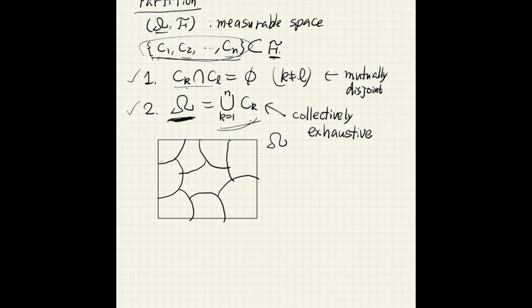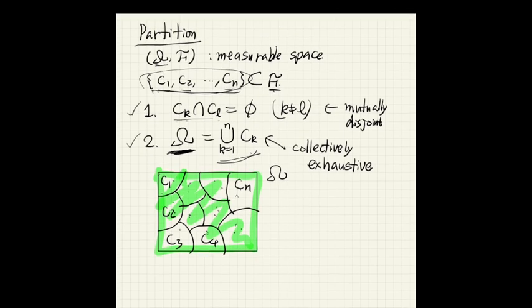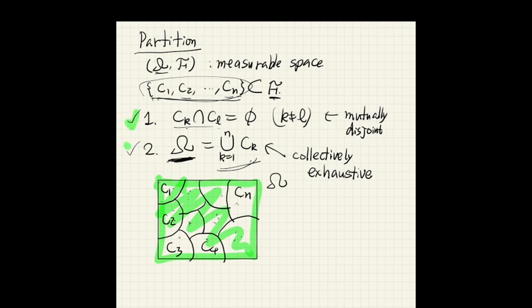So C1, C2, C3, C4, and so on, Cn. None of them overlap with each other, and if we take all of them together, they cover entire omega. So that's what a partition means. Of course, there can be many kinds of partitions, but any partition must satisfy these two conditions.